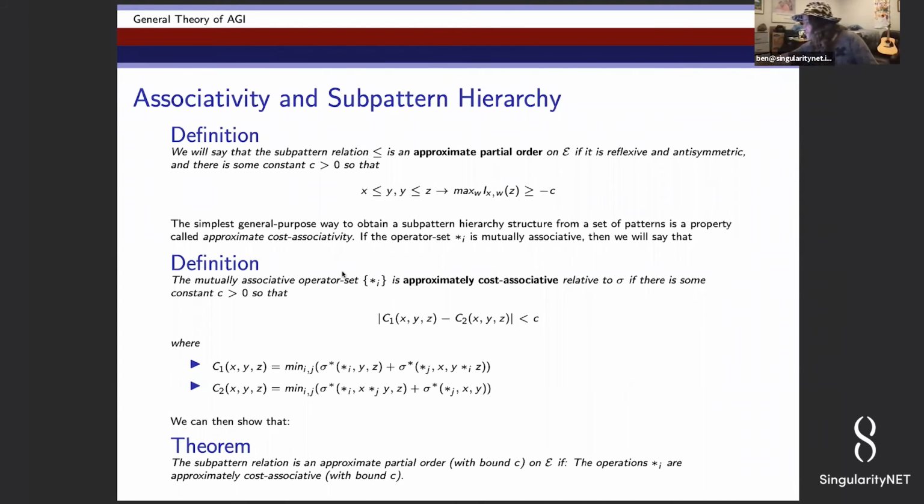And what the theorem in my paper on Occam's razor shows is that you can get this transitivity in the subpattern hierarchy if the underlying combinational operators in your combinational computational model are associative. And that's pretty interesting. You have to look at the paper to see why it's actually kind of obvious, but this is another thing that has multiple resonances and implications across AGI theory.